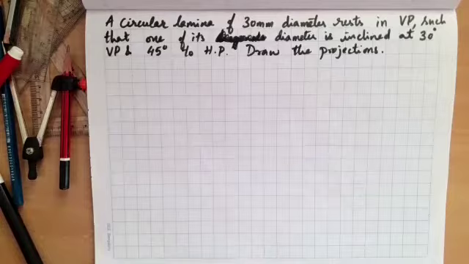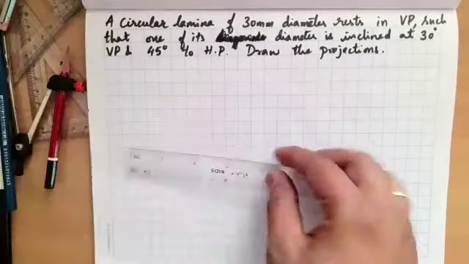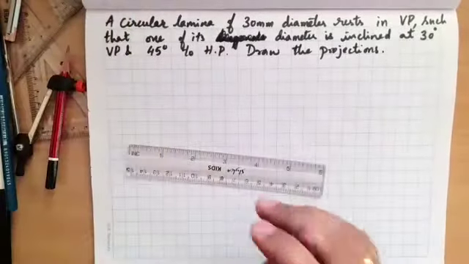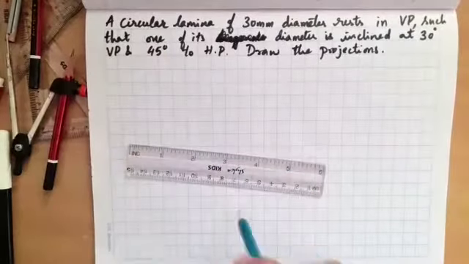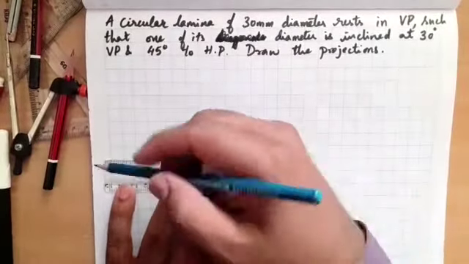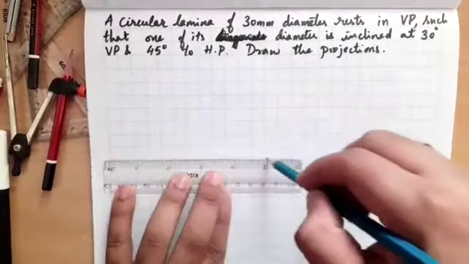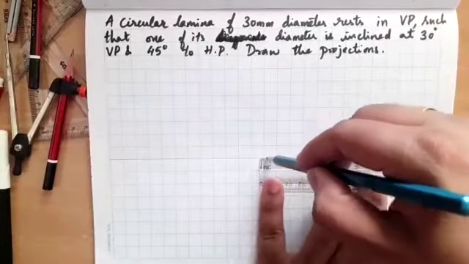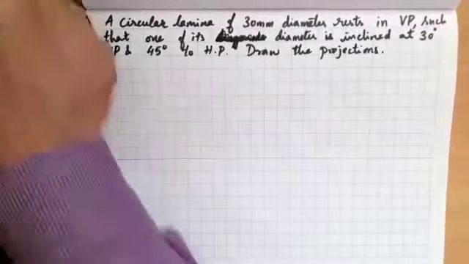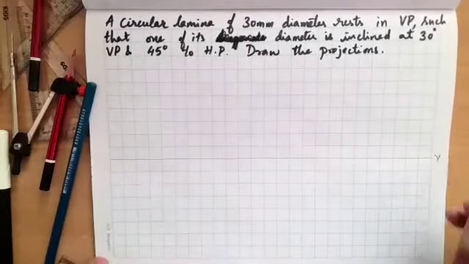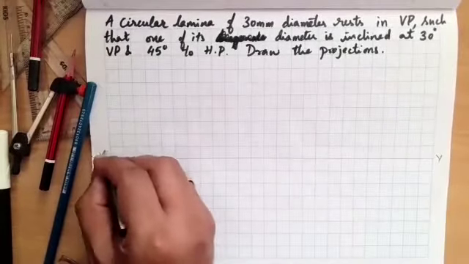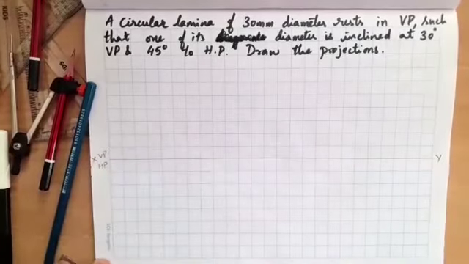So we'll start continuing the problem. Where you need to draw the true shape is very, very important. Where will you draw the true shape? Whether it is in the vertical plane or horizontal plane? Where to draw the true shape?